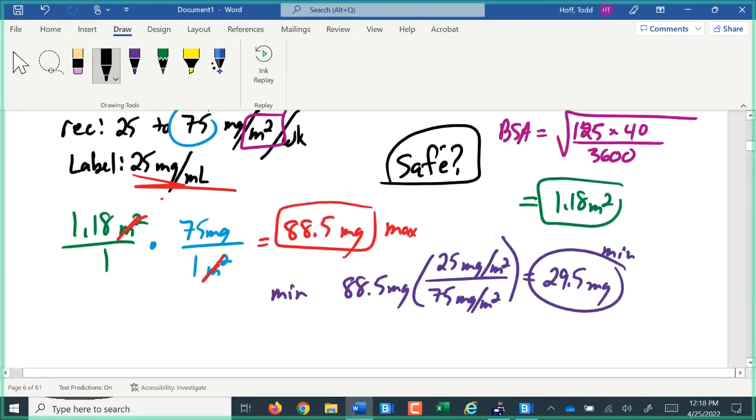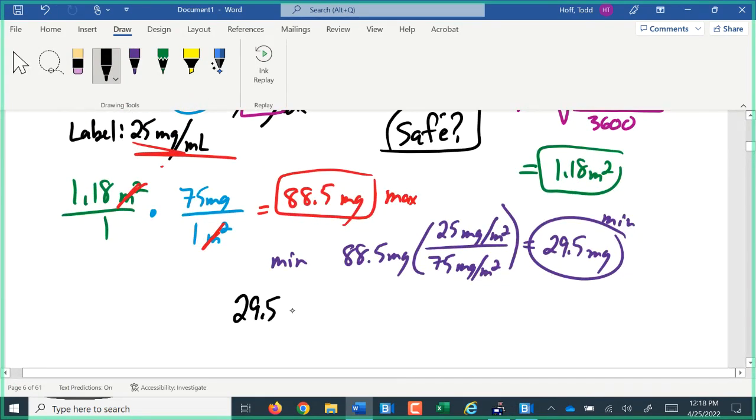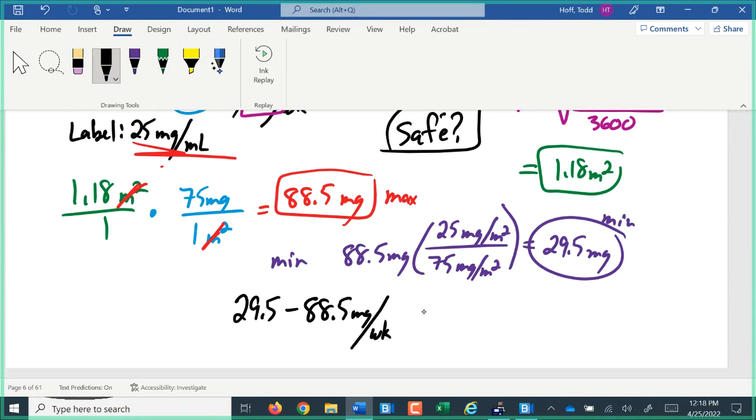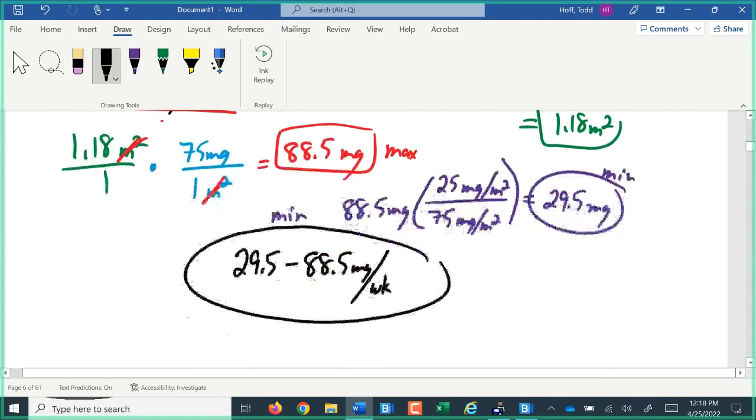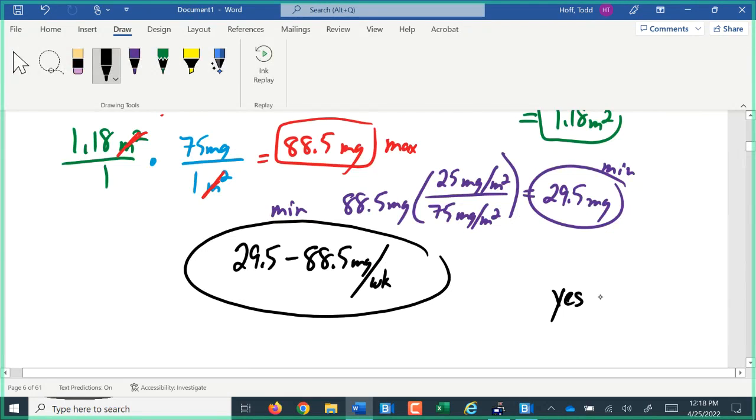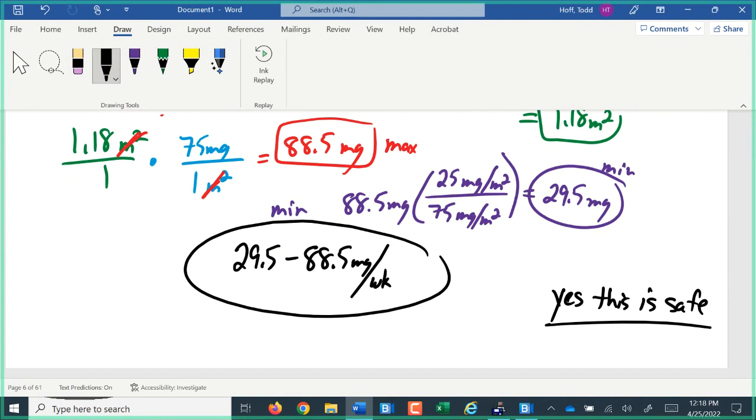So the safe range there is 29.5 to 88.5 milligrams. That is per week. The doctor's order of 50 milligrams is in the middle of that. So yes, this is a safe dose. That one throws you off a little bit because you don't actually need the strength of the 25 milligrams per milliliter. Any others that you'd like me to go over?